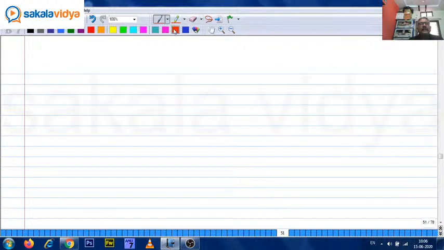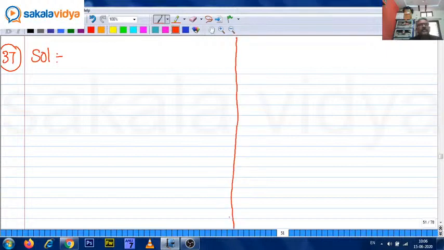Okay, 37 solution. So what is given here actually? f of x equals x square plus 2x minus 3.